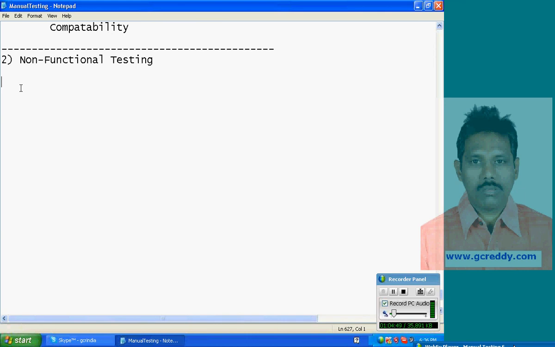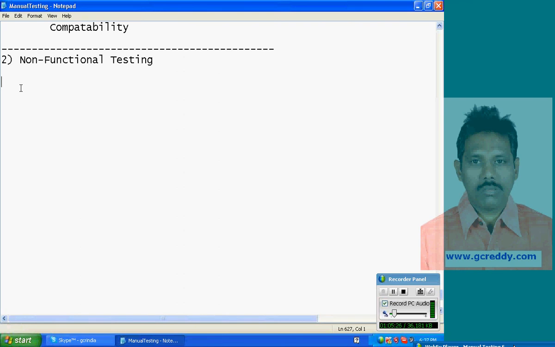Testing quality attributes of a component or system. Some non-functional test types are applicable at component level also, but most of the time we apply non-functional test types on an integrated system, but some types can be applied at component level also.